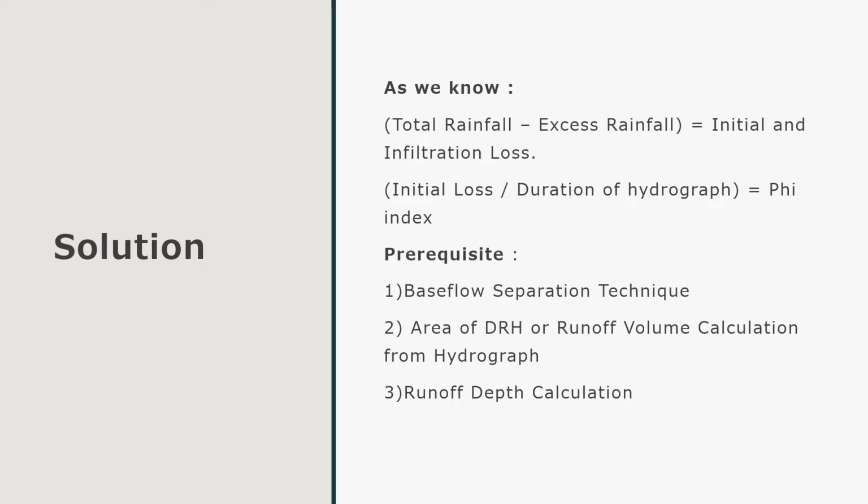As I have already discussed with you, excess rainfall is also known as effective rainfall. When deducted from total rainfall, it will give you the initial and infiltration losses. And if you divide the loss by the duration of the hydrograph generated from that rainfall, you will get the phi index.